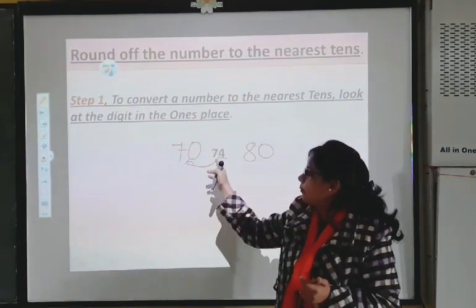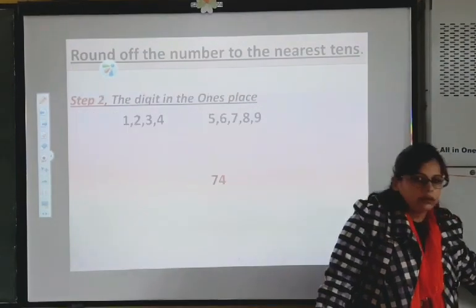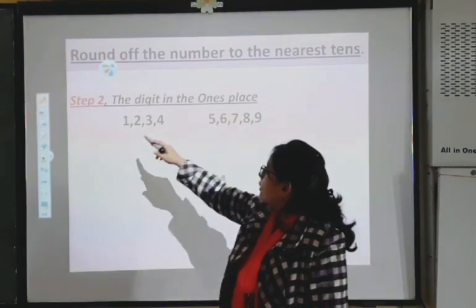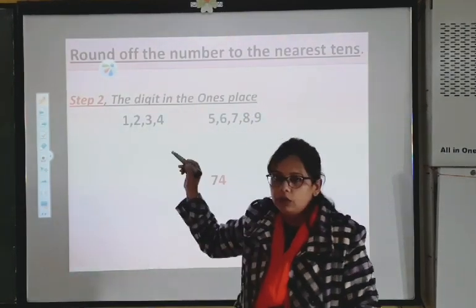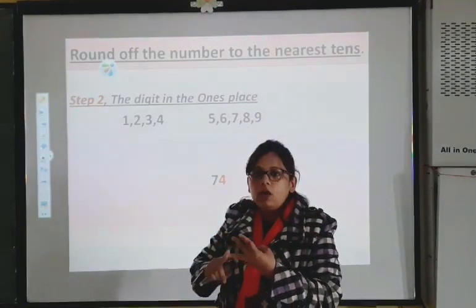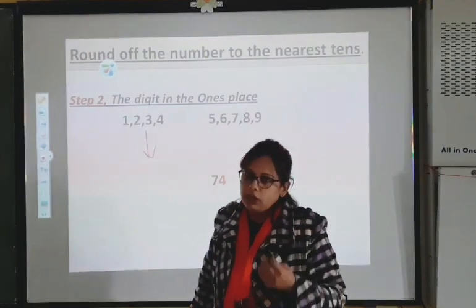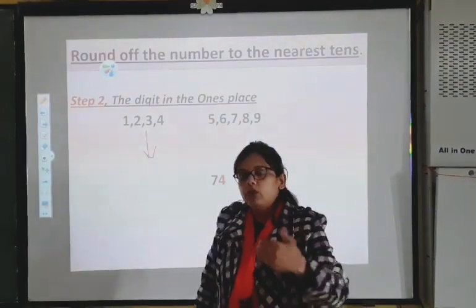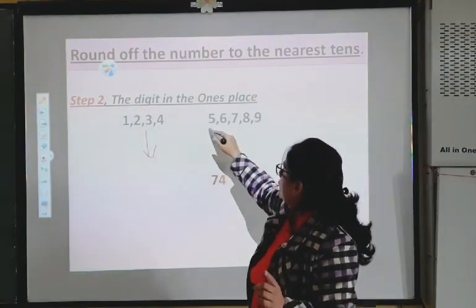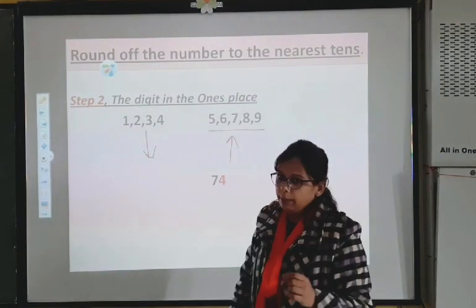Let's see. First step: the digit on the ones place is 4. Now the second step. If the digit on the ones place is 1, 2, 3 or 4, then you have to round down the number. Round down the number, आपको numbers को कम करना है. But if the digit on the ones place is 5, 6, 7, 8, 9, then you have to round up the number.